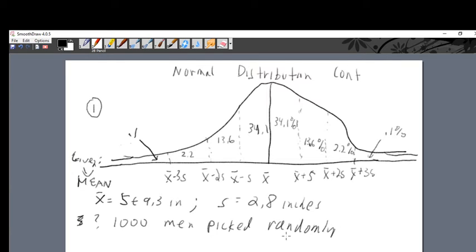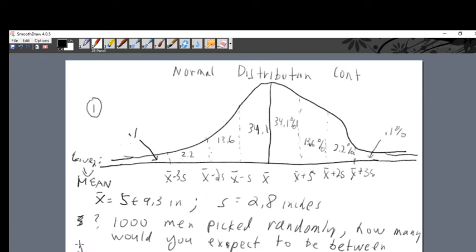How many would you expect to be between 5 feet 6.5 inches and 6 feet 0.01 inches?